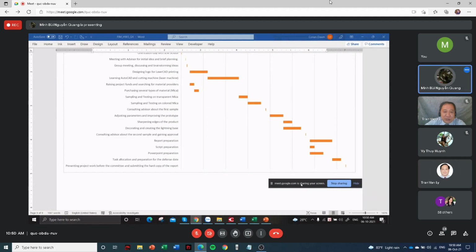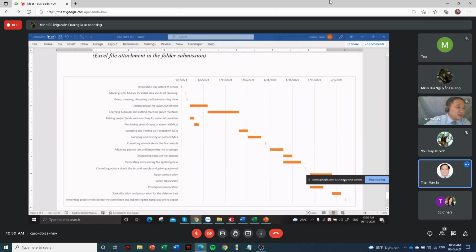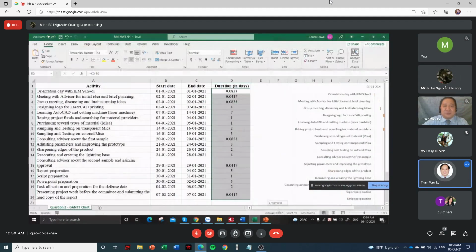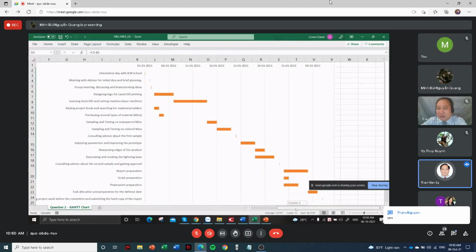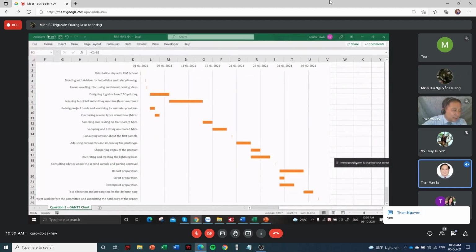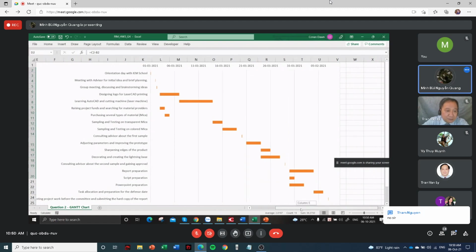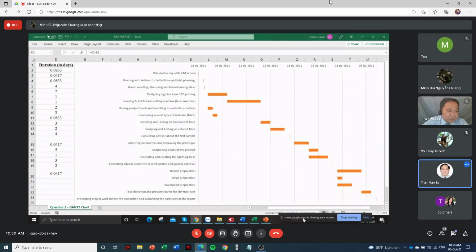Hello, class. Do you see the Ramcha clearly? Students, take a look at the Ramcha. Tham, good. Do you have any comment on the Ramcha which Min is showing? Take one minute to look at the Ramcha.